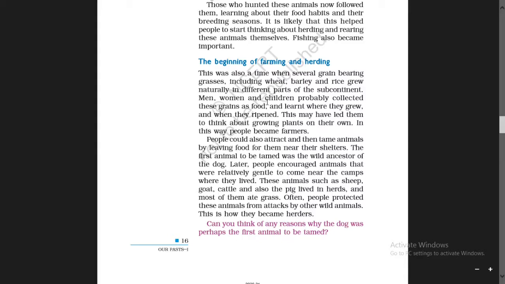Boys, men, women, and children probably collected these grains as food and learned where they grew and when they ripened, when they become mature for plucking. Earlier, they used to hunt animals and depend on animals or roots or leaves of the trees. Here you see a little change comes.